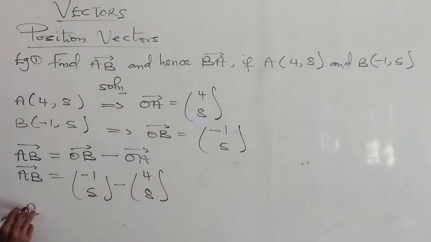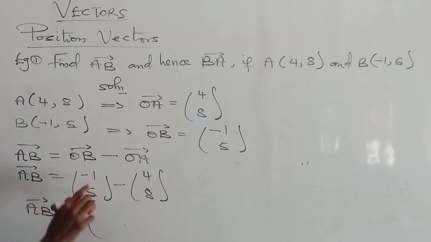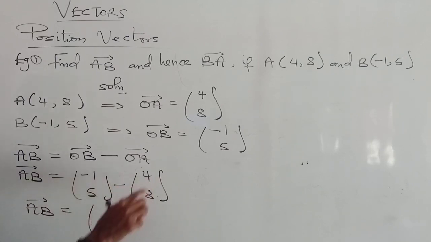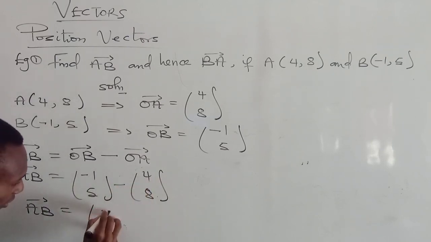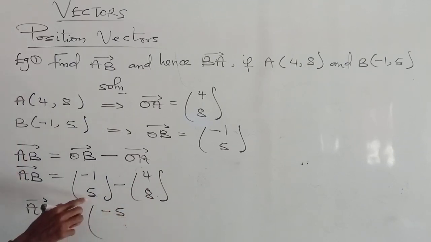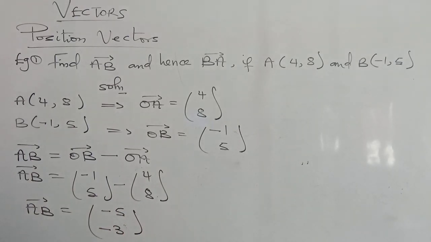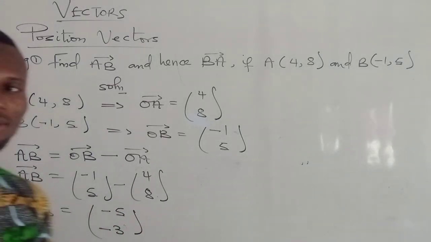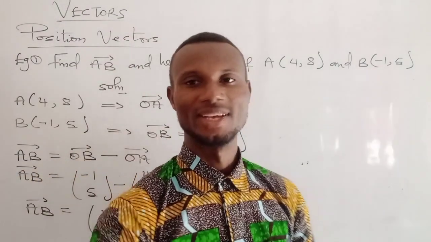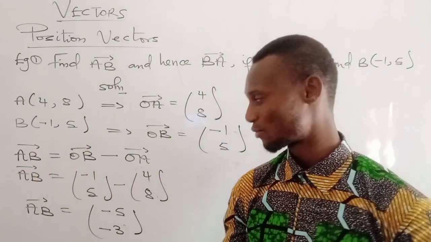So my vector AB will be equal to -1 minus 4, which gives -5, and 5 minus 8, which gives us -3. So this is your final answer for finding the vector AB. I hope the explanation is clear enough up to this point.